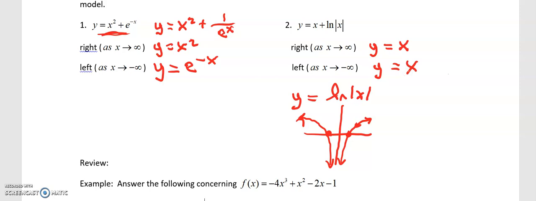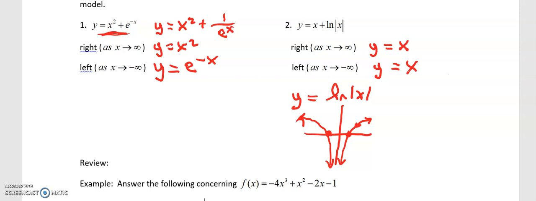Now that can happen. All right, so let's kind of backtrack a little bit here. The difference between finding these end behavior models and what we have done recently with rational equations, which is really a good use of end behavior models, especially when we talk about the power in the top being larger than the power in the bottom, or the power in the bottom being larger than the top, or equal powers. These are not rational functions.